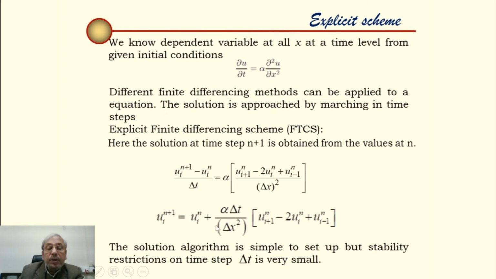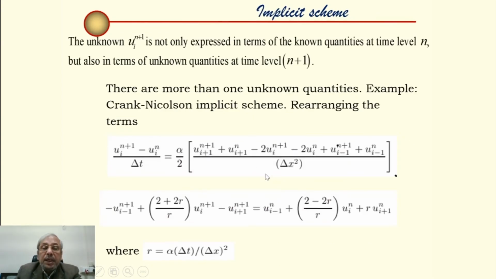In the explicit scheme, we move from point to point, and at every point we can evaluate the value from the values of the same variable at the previous time level, known values, and other geometrical parameters and physical quantities, physical properties. Here it is thermal diffusivity.